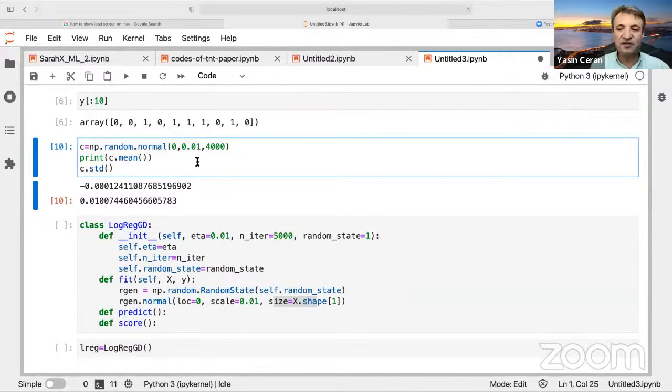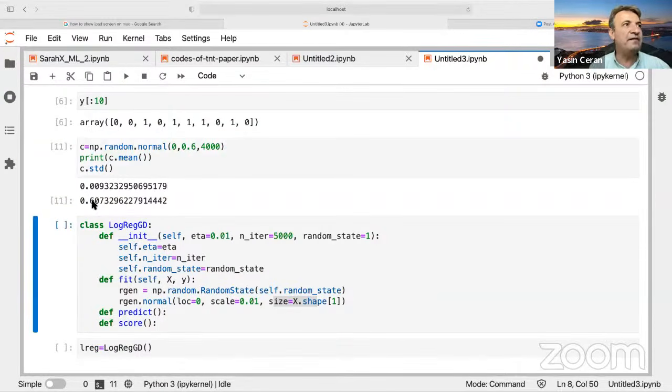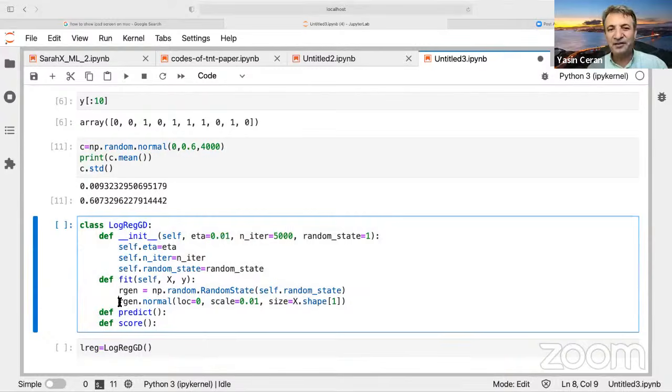If I change the standard deviation to, say, 0.6, then I will have a standard deviation of 0.6. So I'm generating 4,000 normally distributed random numbers with 0 mean and standard deviation 0.6. Here, I'm generating 4 random numbers with 0 mean and standard deviation of 0.01. That is going to be my initial w's.